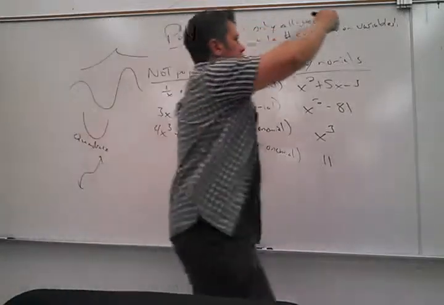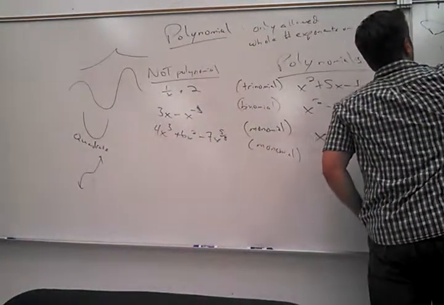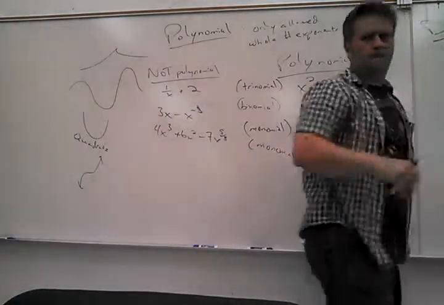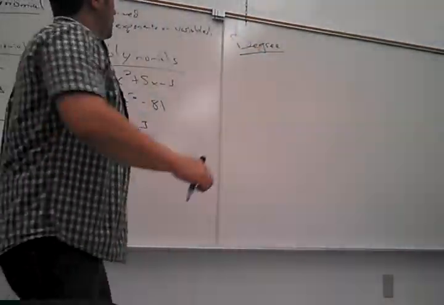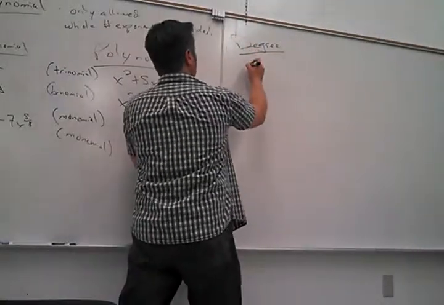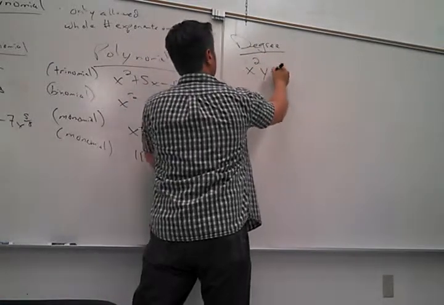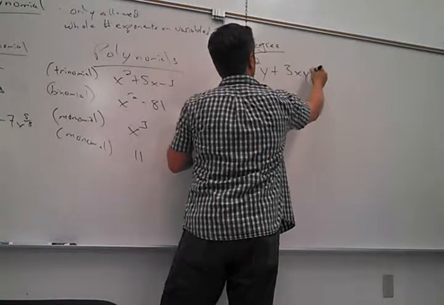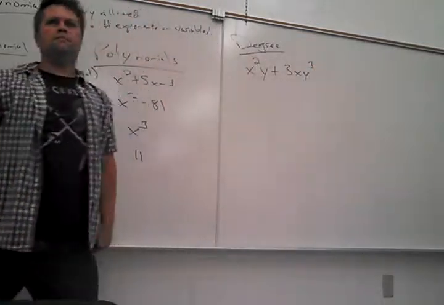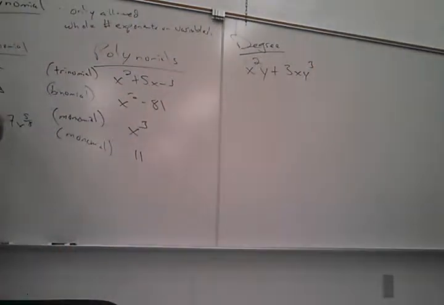So the next idea is the idea of degree. I'm going to go a little quickly through this. It should be a review. The degree of a term, and let me show you, let's make a little more interesting polynomial. All right, there's a binomial. It's got more than one variable in it, but they're all to whole number powers, so it's completely allowed.